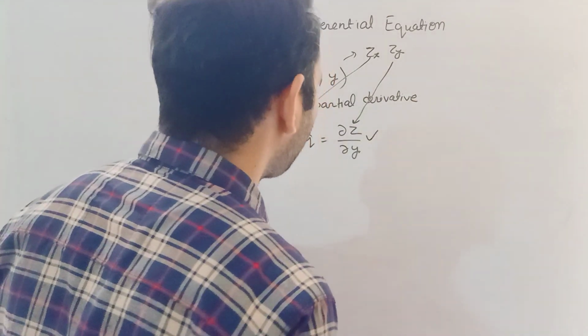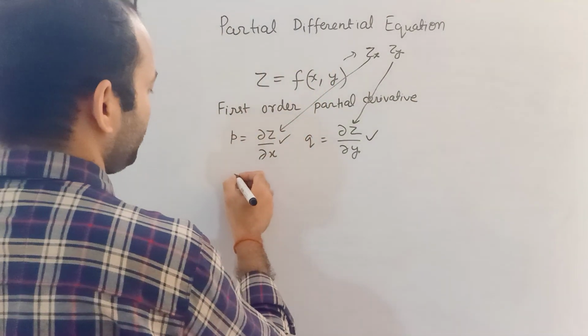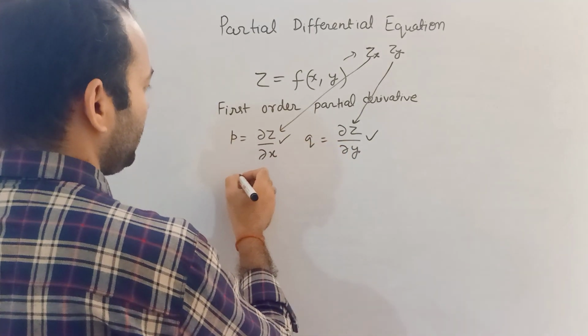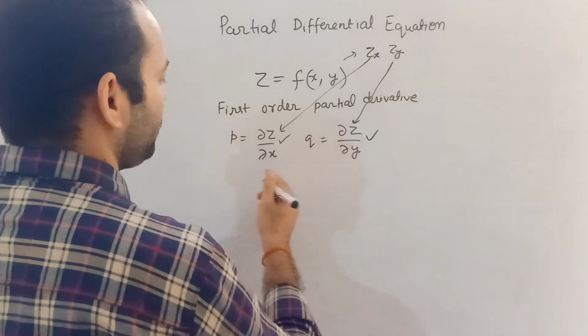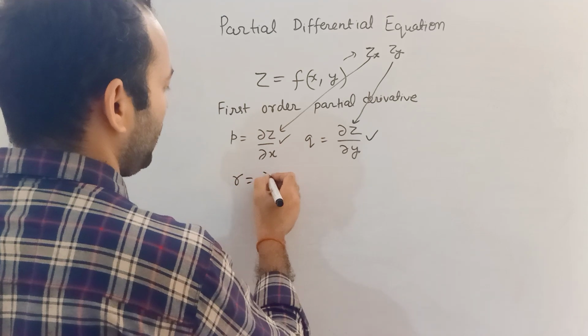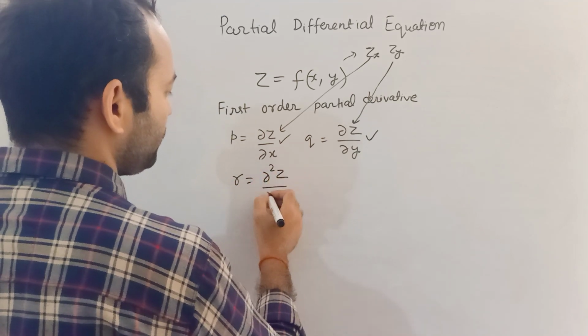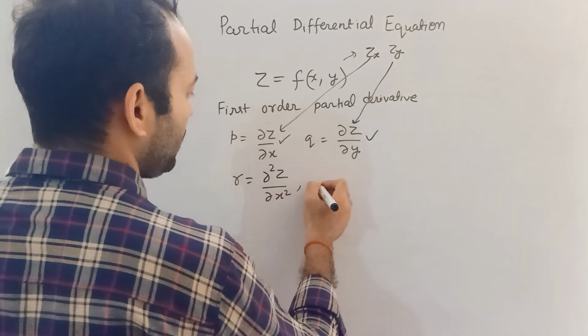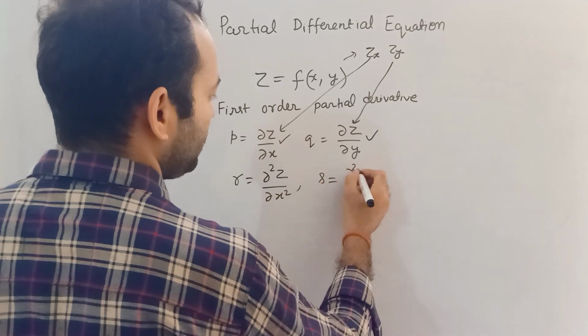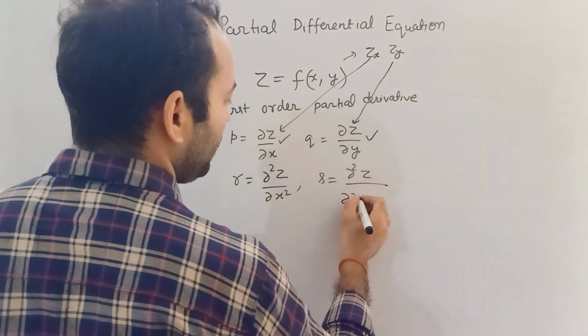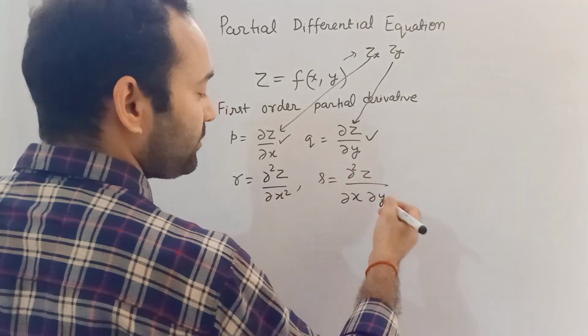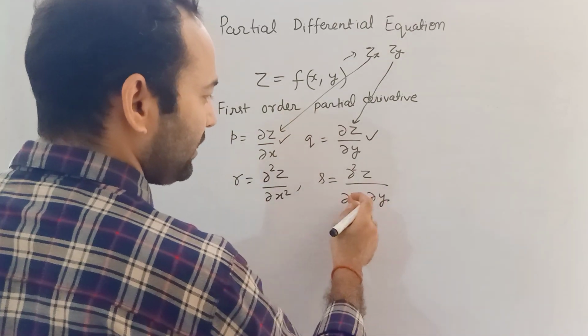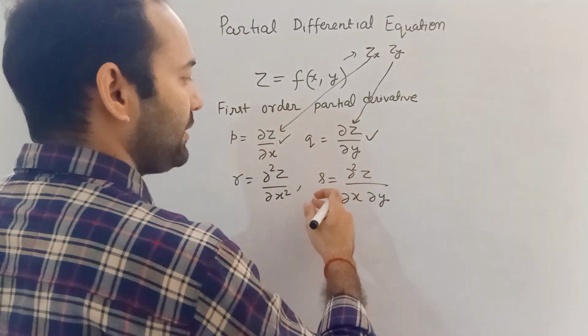Now tell me one thing: what is a second order PDE? If I ask you for a second order PDE, then there are going to be three more terms. Let me call them r, s, t. So r is del 2z by del x squared. s is del 2z by del x del y. By the way, I'll talk more about whether this is symmetric, that is, whether del x del y or del y del x matters.